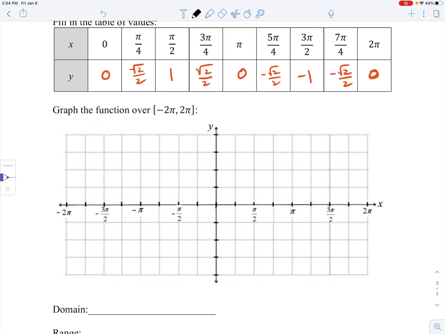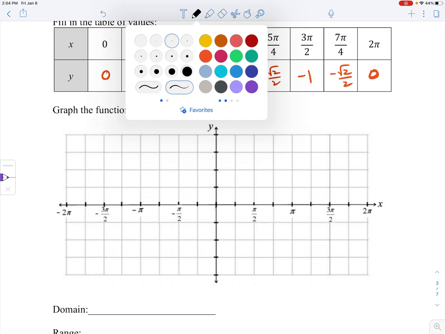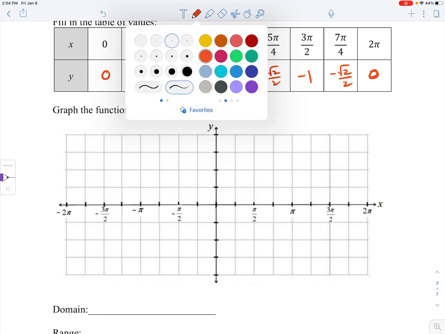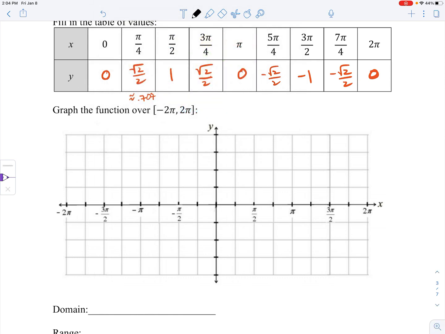So I can plot those points in the xy plane. Remember, radians are real numbers, so that makes sense for values on our x-axis. What is root 2 over 2? Root 2 over 2 is approximately 0.707.